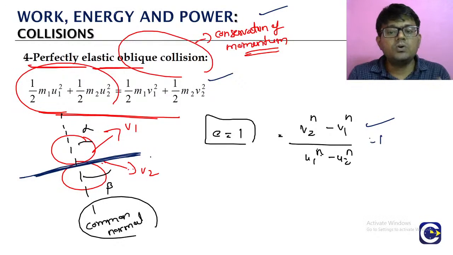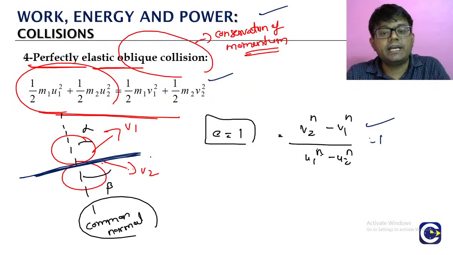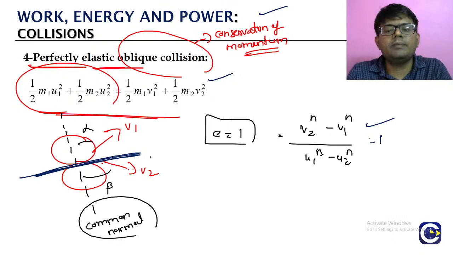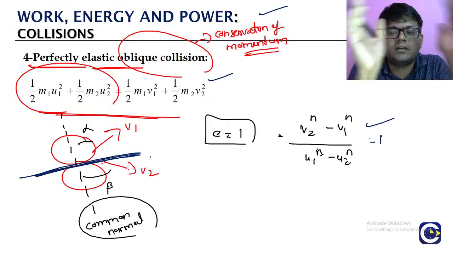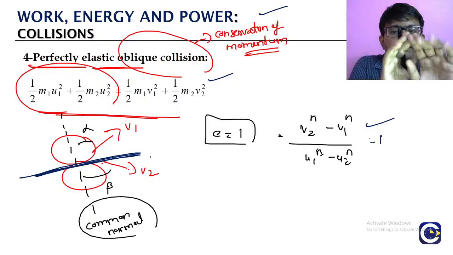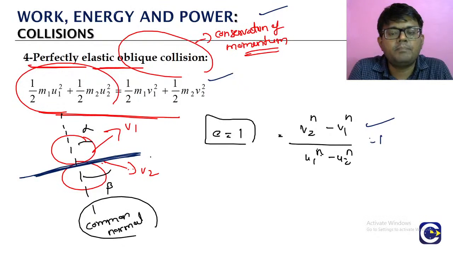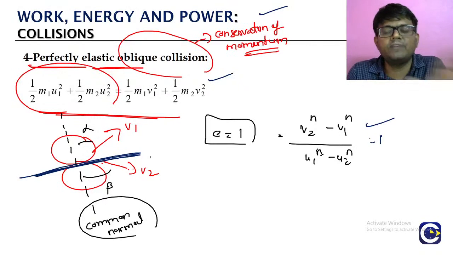The overall solution for the velocities in case of the oblique collision might look a little bit complicated at times, but when you get to questions, they will not ask us to solve the entire thing. They will be asking us questions on certain segments. We'll see when we go to questions, we'll be able to understand.